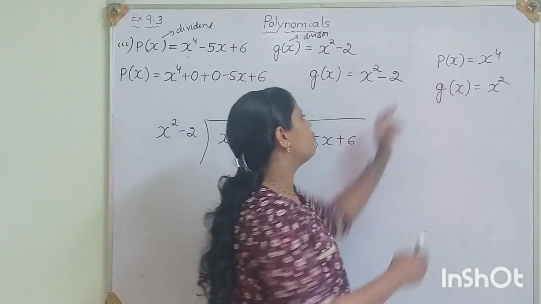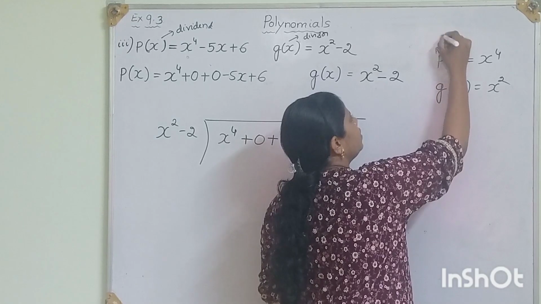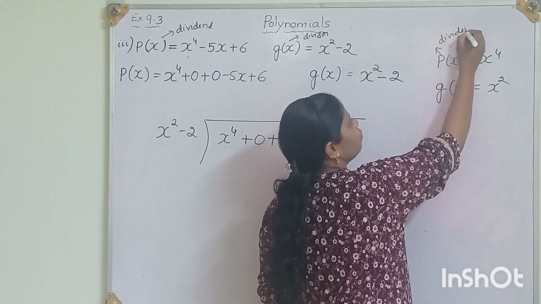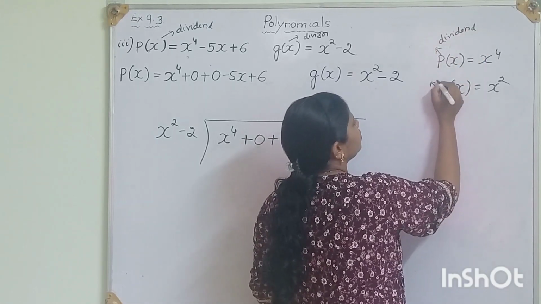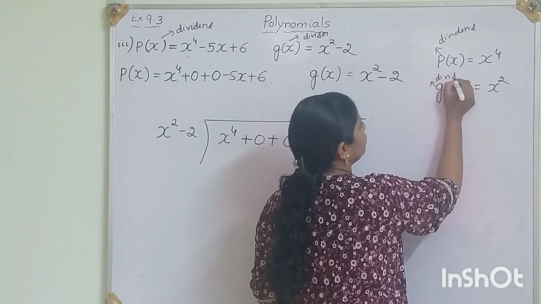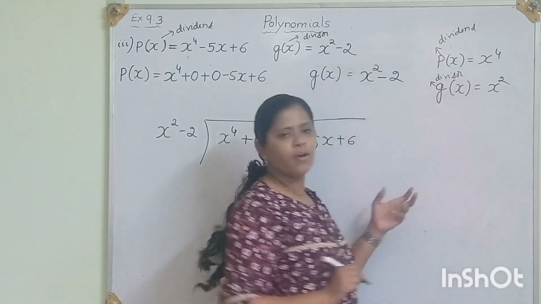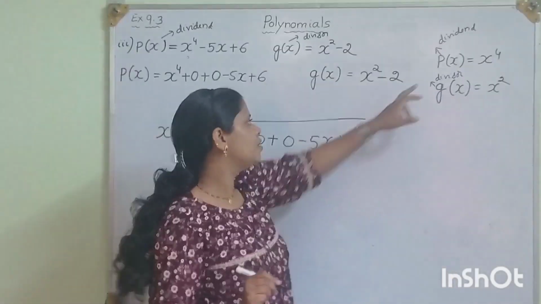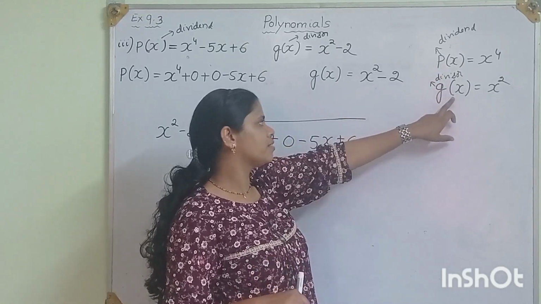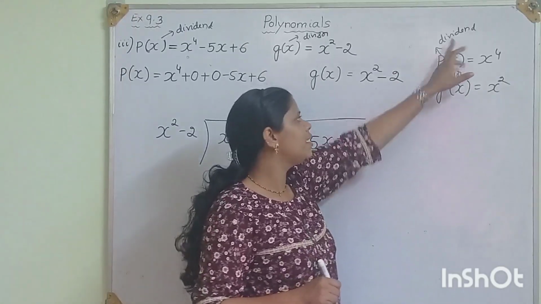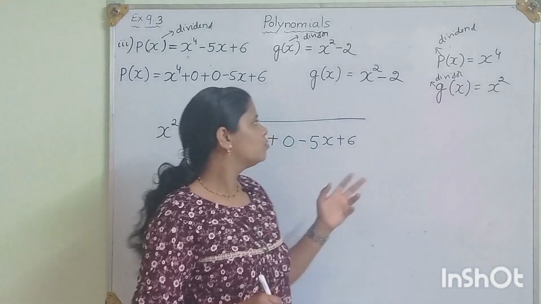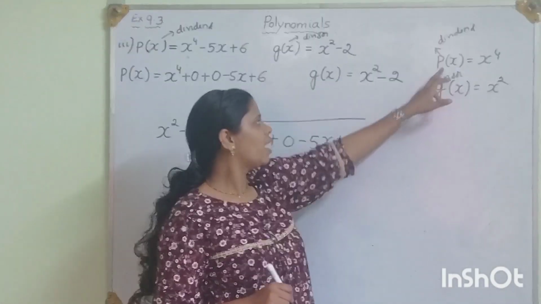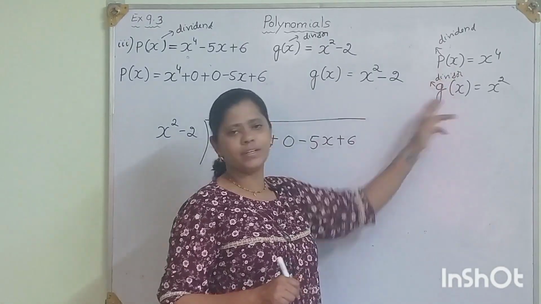This one is our dividend and this is our divisor. No need to write this, it is just for your reference. Many of them have confusion between P of x and G of x, therefore I am writing dividend and divisor. It is left to you; you can simply write P of x, G of x.